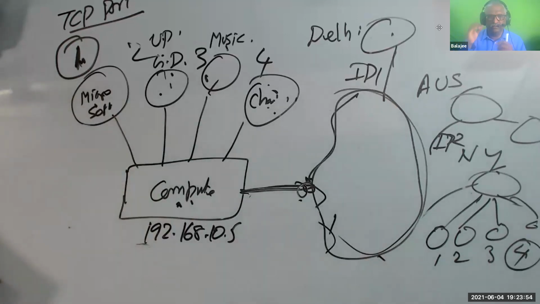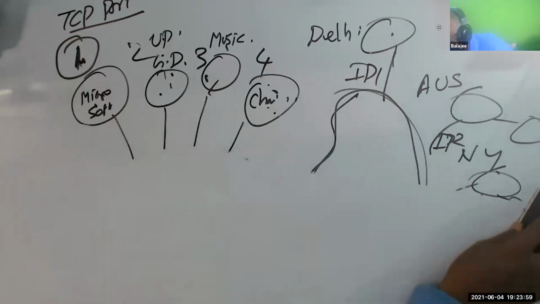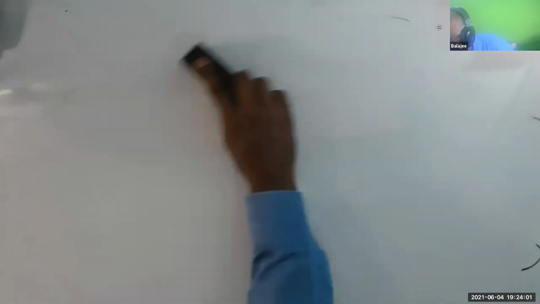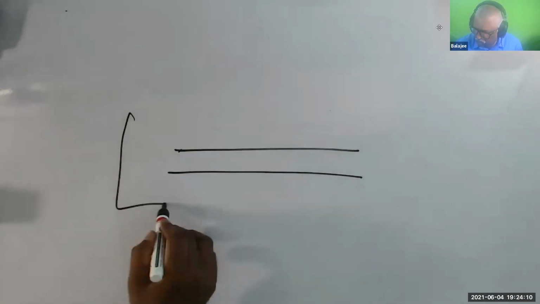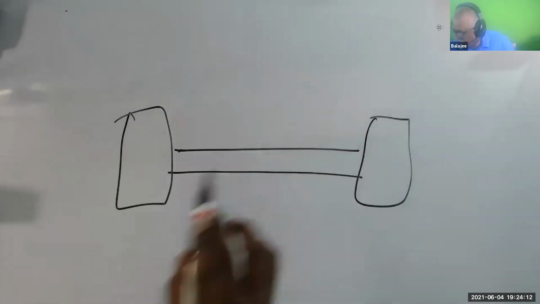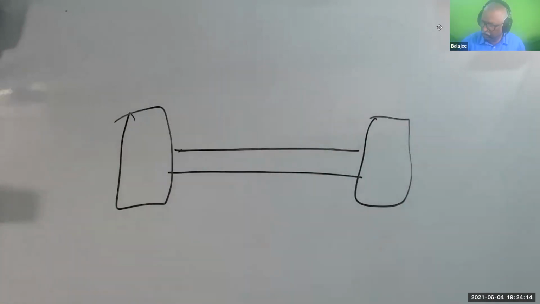So how do I exactly explain that? It's like this. I have a single path, but here a computer, and here a computer. Forget about the network and all. This is a single path.